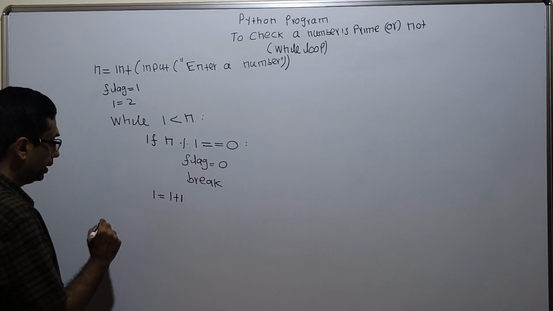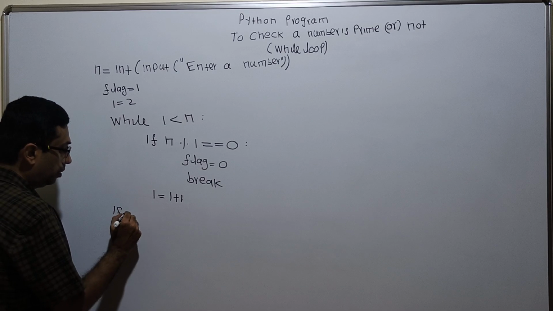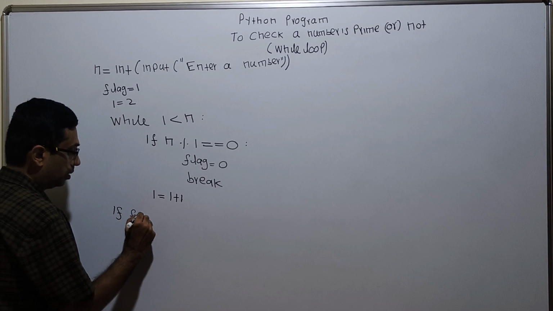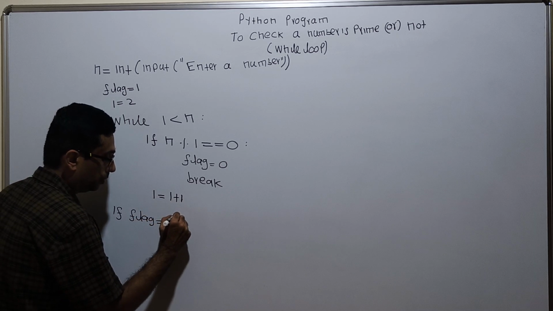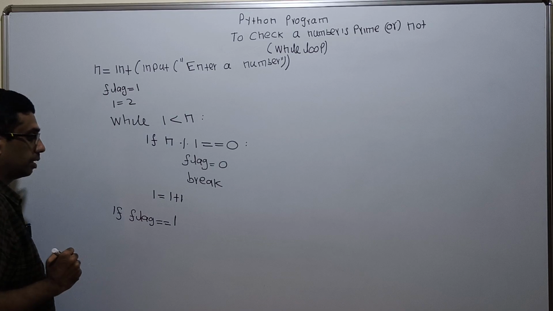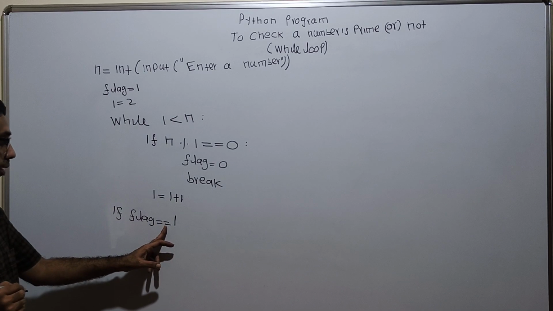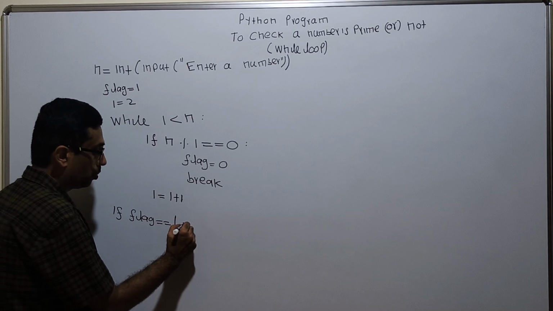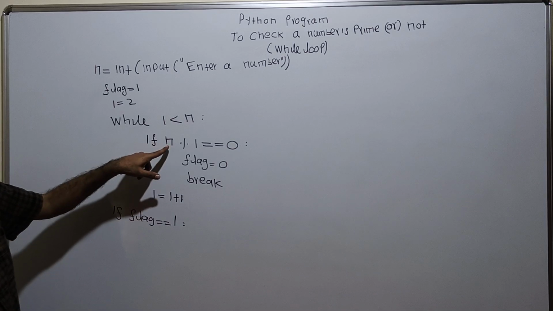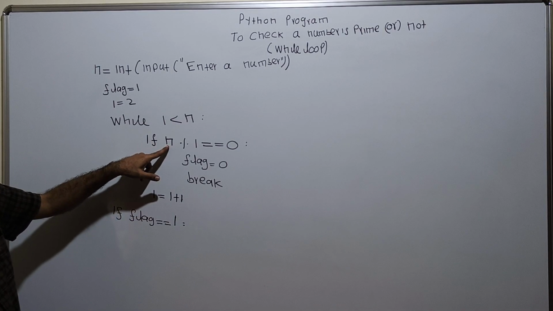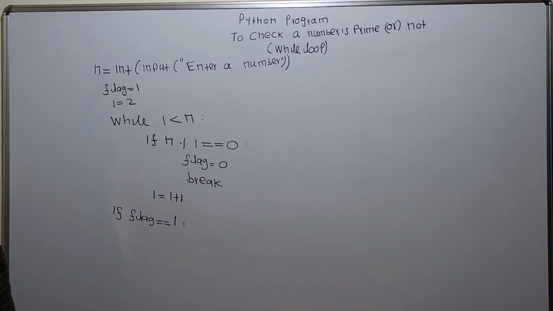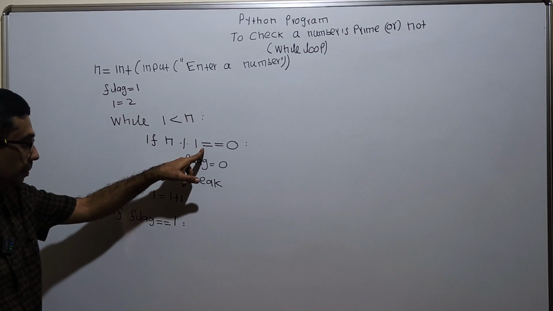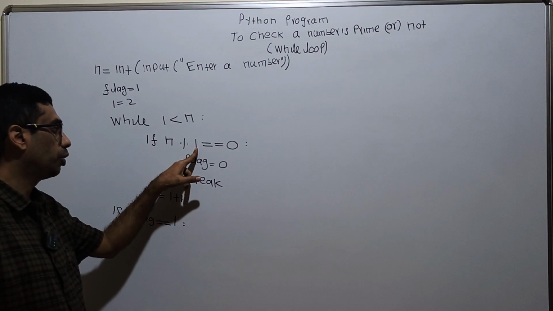After the while loop, I am checking a condition: if flag double equal to 1. If this condition is true, what is the meaning? From 2 to n minus 1, the condition never became true.